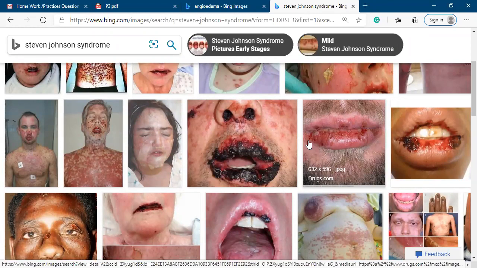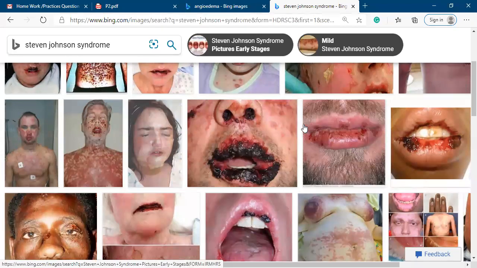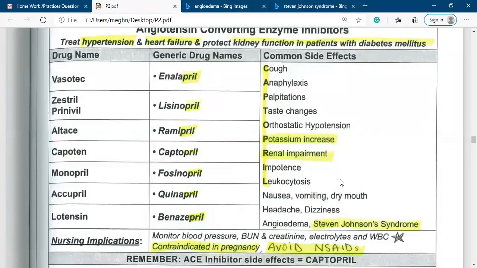Also some of the medications to treat seizures and mental illness, anticonvulsants or antipsychotics. Okay, so I said we should know, especially angiotensin converting enzyme inhibitors, anti-gout drugs like allopurinol, anti-seizure medication, or antipsychotics. Anticonvulsant medication can sometimes cause Stevens-Johnson syndrome. So now a question comes.